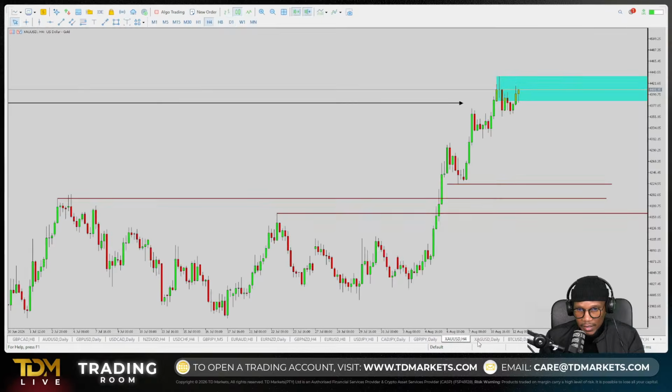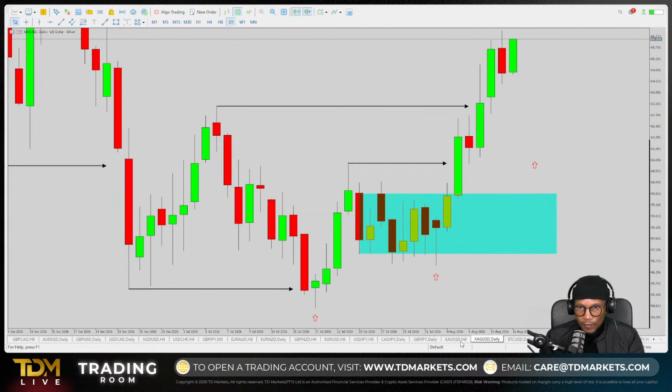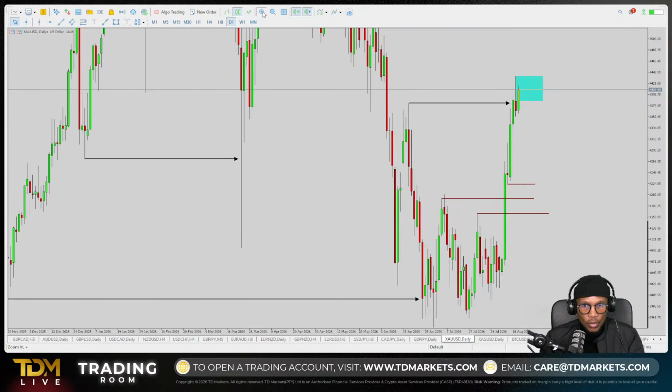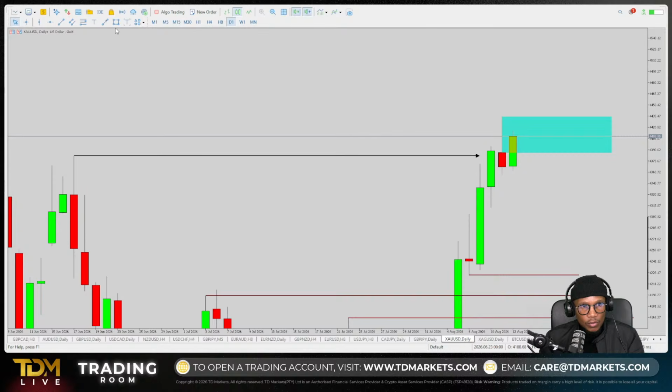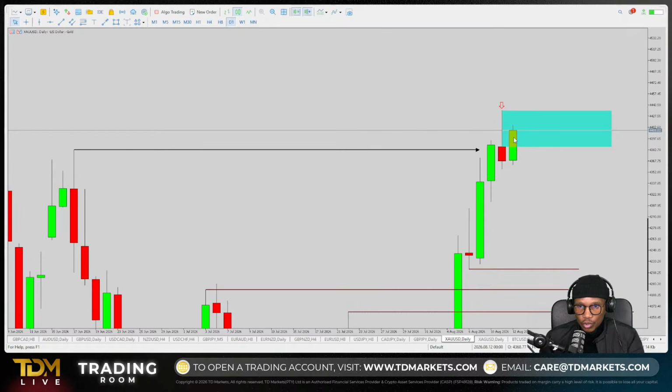All right, and then gold and silver. So this is what's happening with gold and silver. This candle closed with a wick. Now, this is the second candle, right? If we're looking for shorts here, we don't want any candle to break that high.